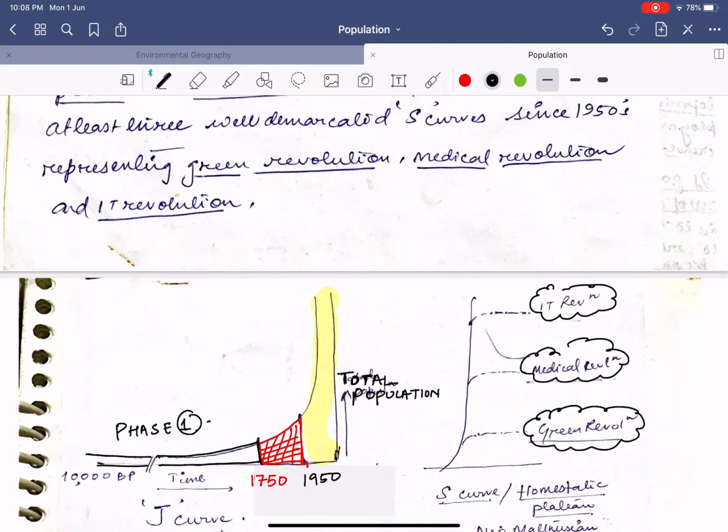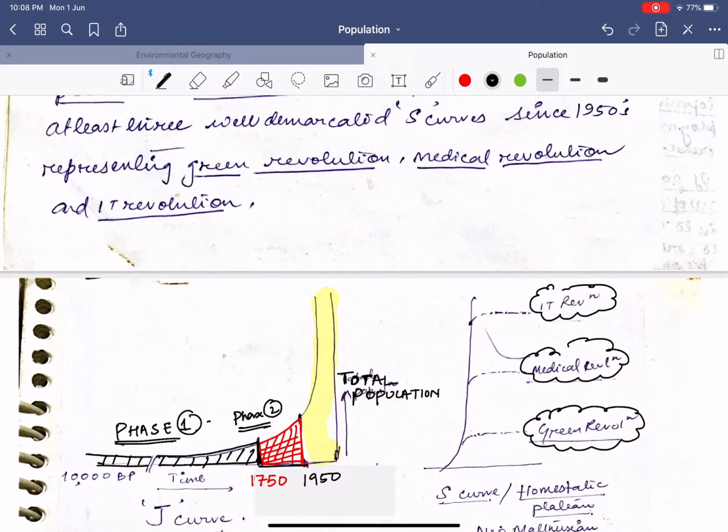But after 1750 up to 1950, I call it phase 2. What happens is that there is a minor increase in the population. So phase 1, or the part where the population remains stationary, is what we can call the first stage of the demographic transition.